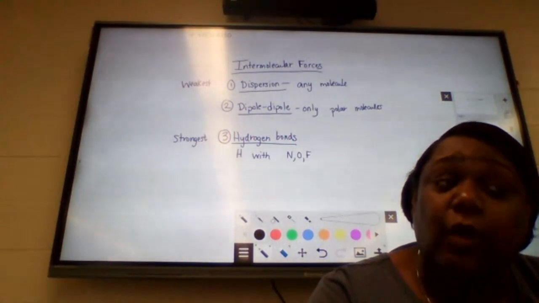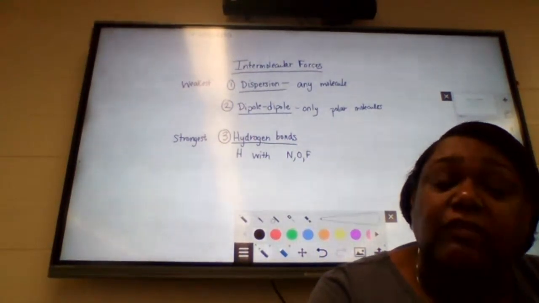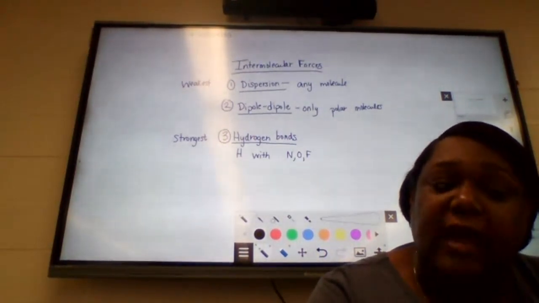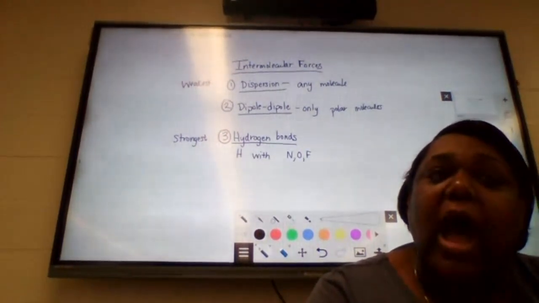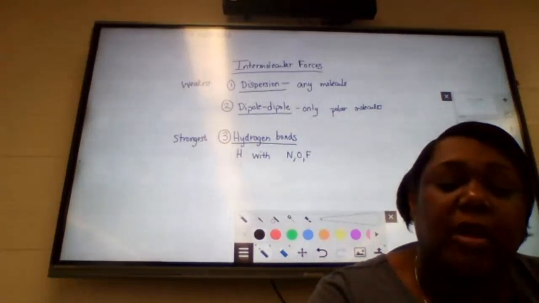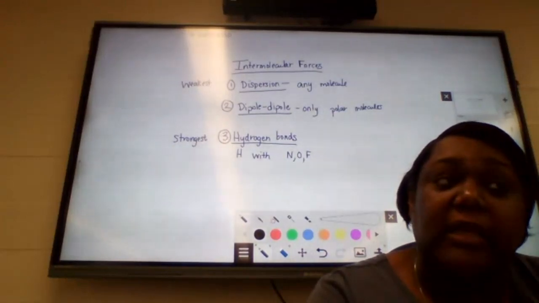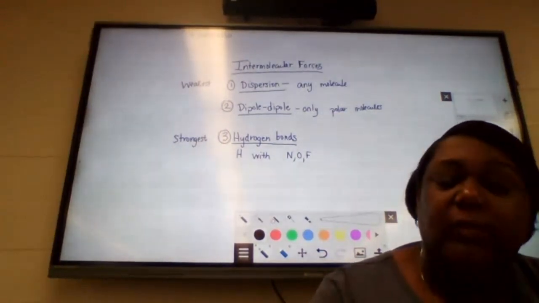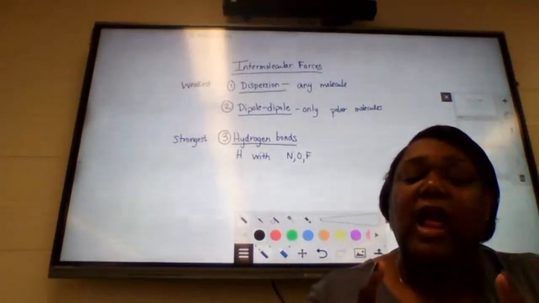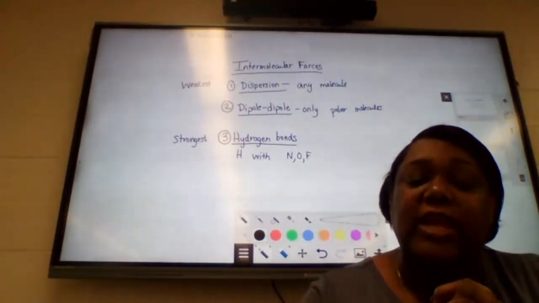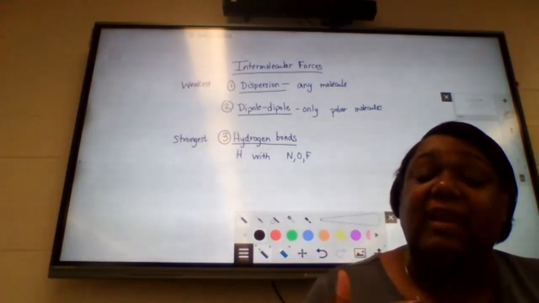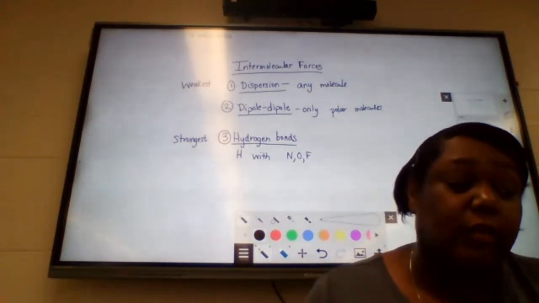And so, because those particles are extremely attracted to that hydrogen atom, it leads to other properties like higher boiling points, higher melting points. It can create situations where the properties change because there's a lot of attraction between the particles. The particles want to stay together, and so it takes more energy to overcome that interaction.